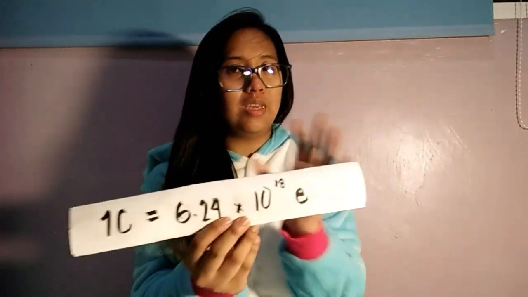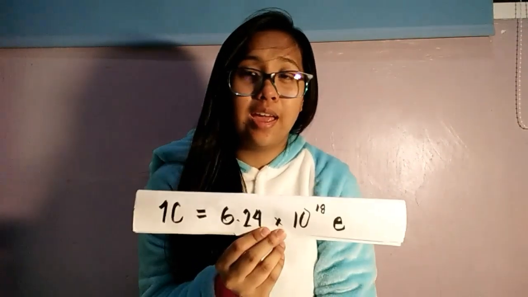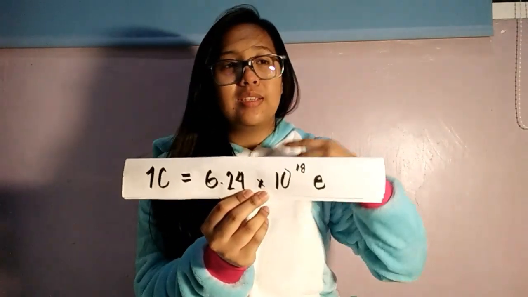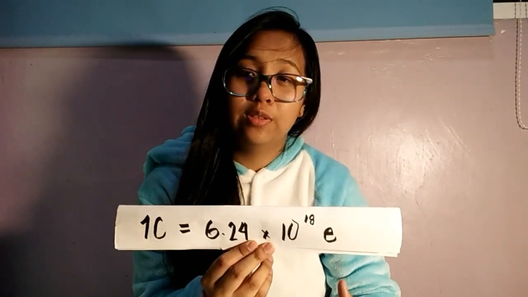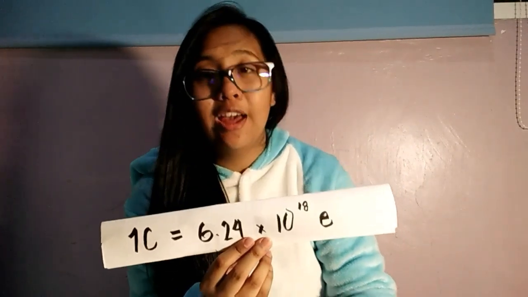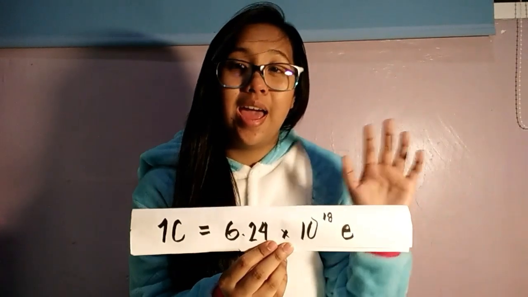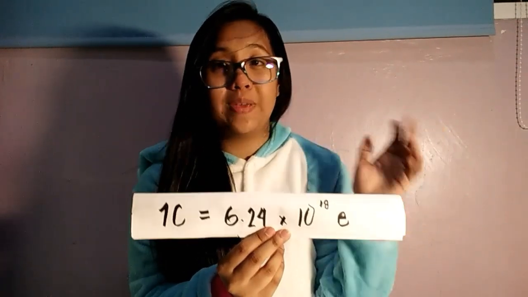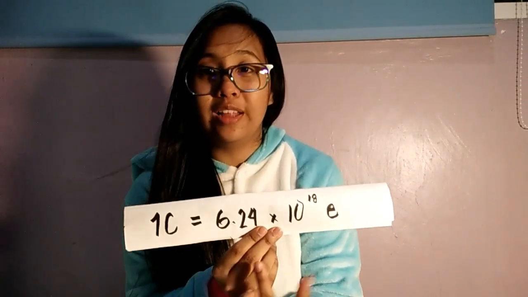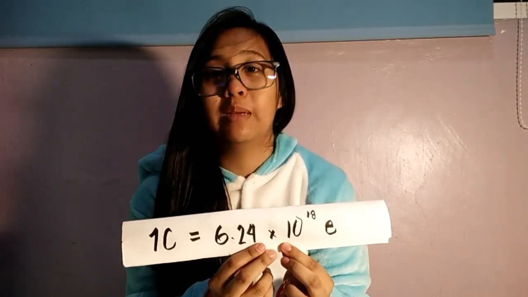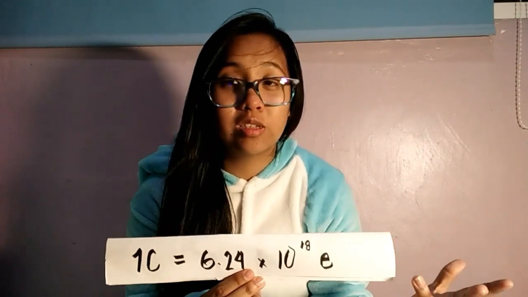Now, what is e? e is the elementary charge, the charge that every single proton has. So basically, we can say that 1 proton has 1 e. And because of that, 1 coulomb is equivalent to 6.24 times 10 to the 18 protons or electrons.